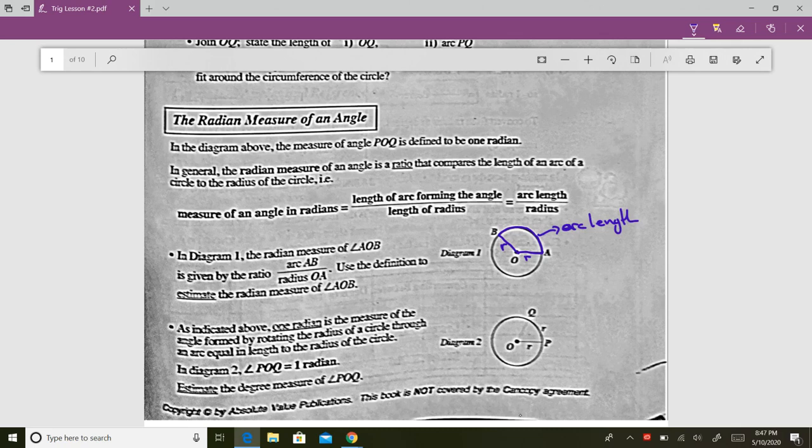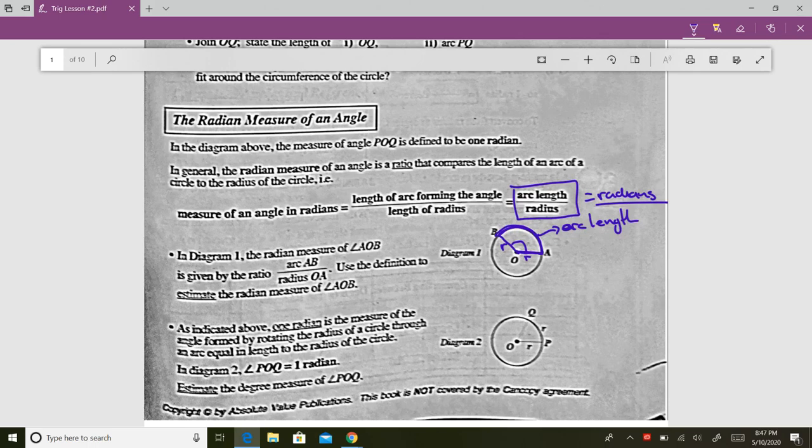If I want to know the measure of this angle here, it is the arc length over the radius. So it's the length of this here divided by whatever the radius is, and that gives you the measure of the angle in radians.